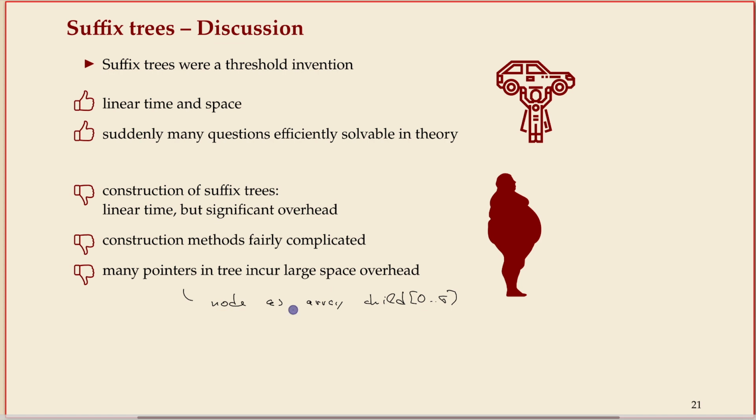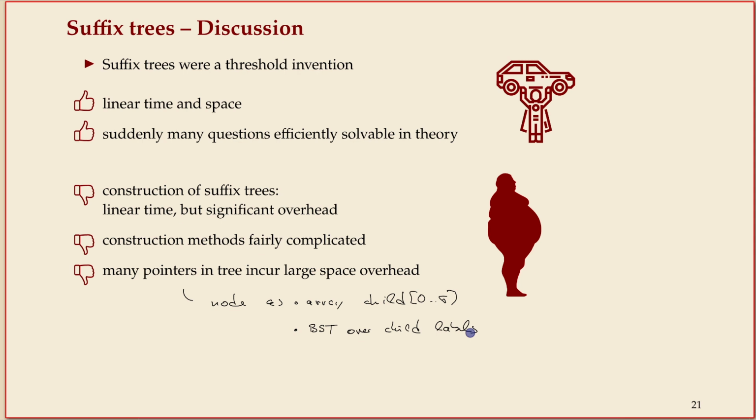The other option would be some other data structure within each little node that tells you what child pointers exist. So you could have, for example, a little binary search tree over the labels.